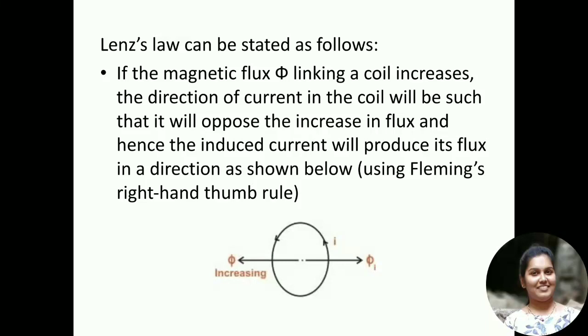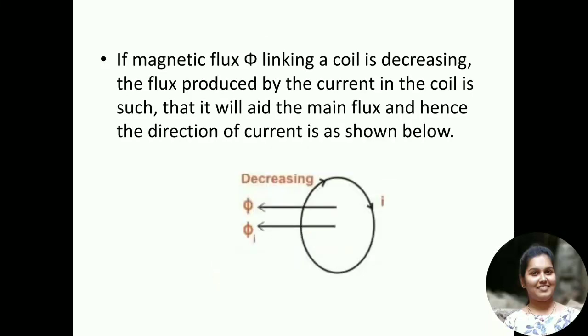If a magnetic flux Φ linking a coil increases, the direction of current in the coil will be such that it will oppose the increase in flux, and hence the induced current will produce its flux in a direction that is shown in the figure on the screen. This is shown using Fleming's right hand thumb rule.